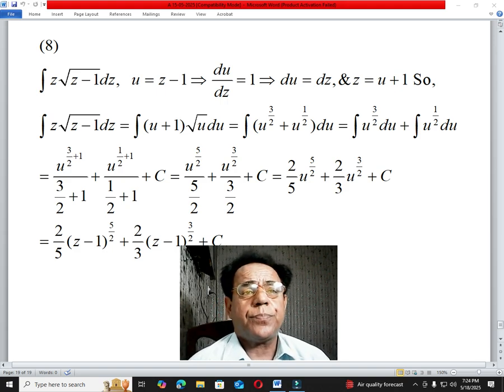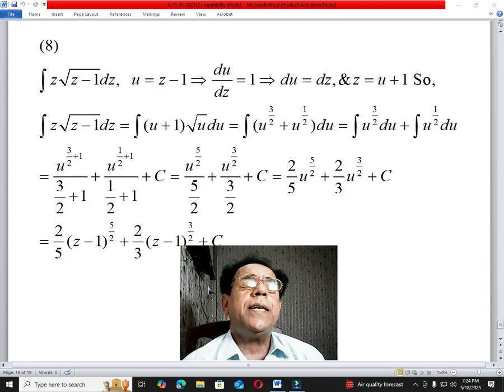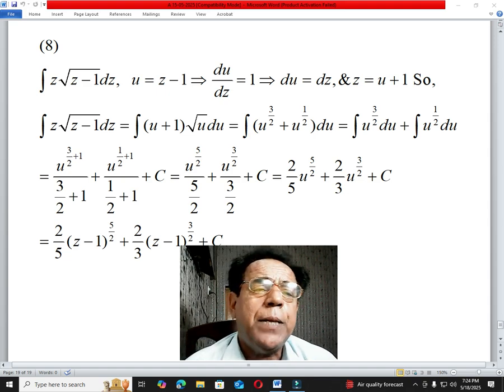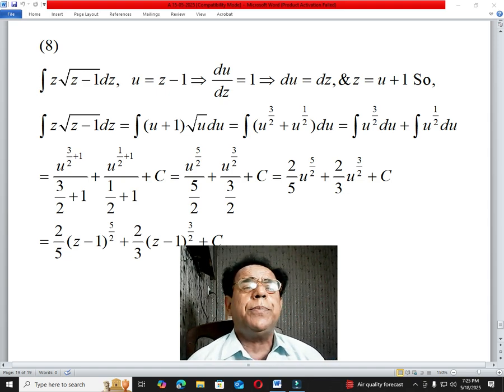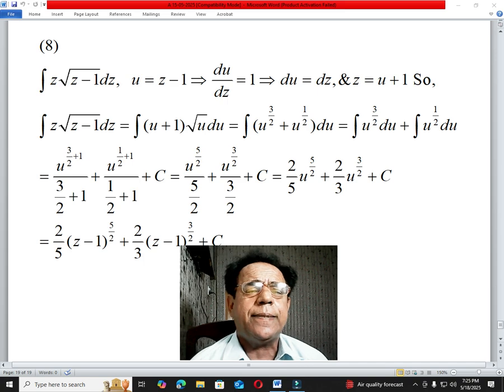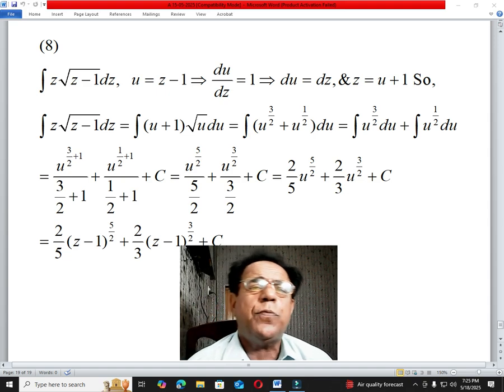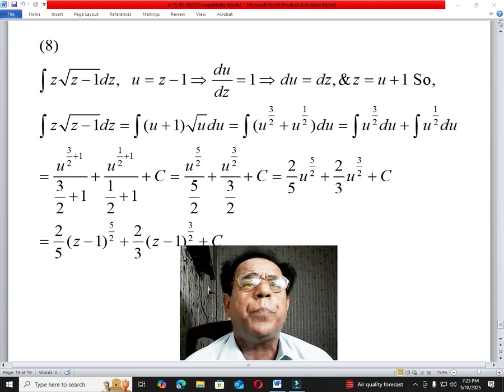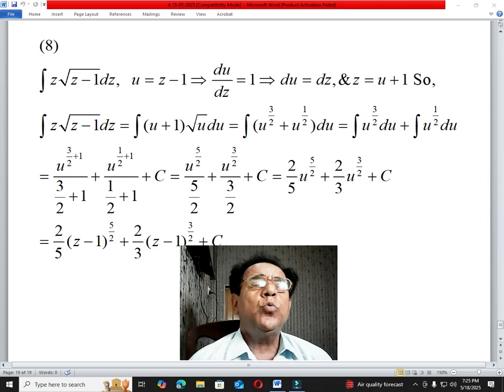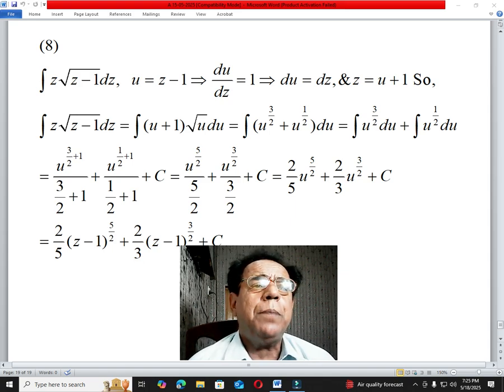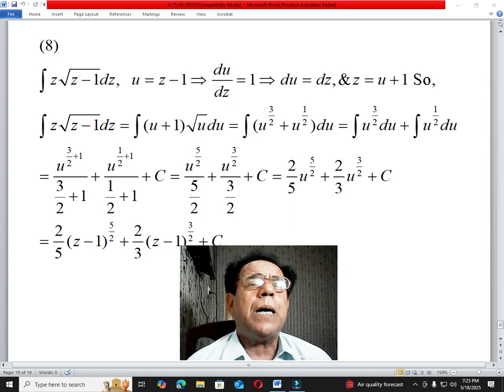Dear students, here square root of u will be multiplied with the two terms within the parenthesis, and our substituted form of statement will become the integration of u raised to power 3 by 2 plus u raised to power 1 by 2, because u power 1 plus power 1 by 2 will become 1.5, that is 3 by 2.